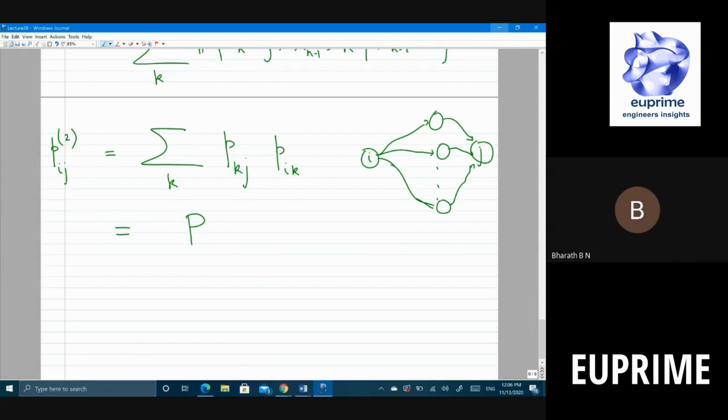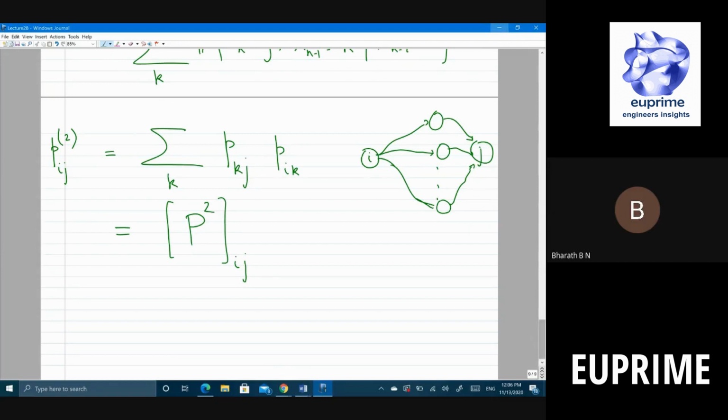These are probabilities, right? You take the matrix P, take P squared, multiply it with itself, and look at the ijth element of it. You look at the ijth entry of the P squared matrix, that will be pij2.